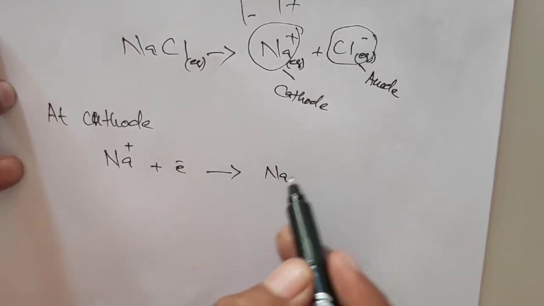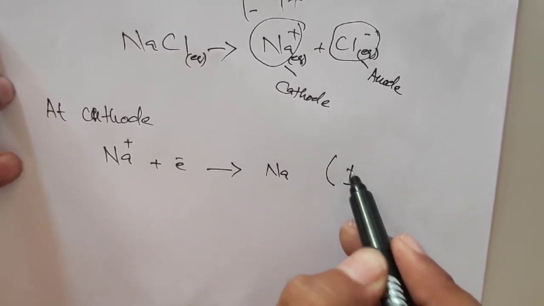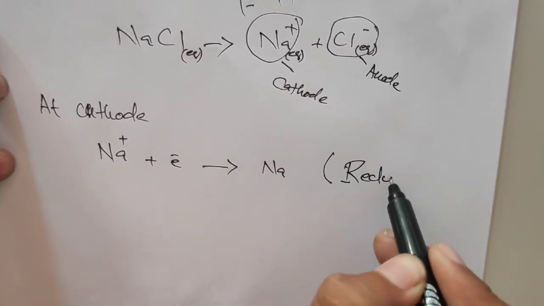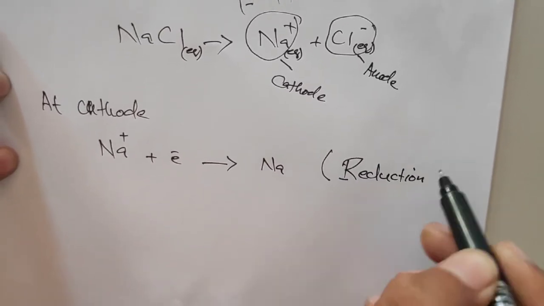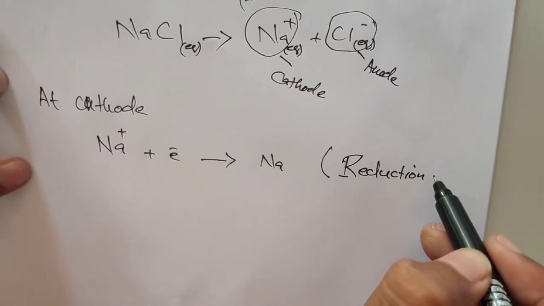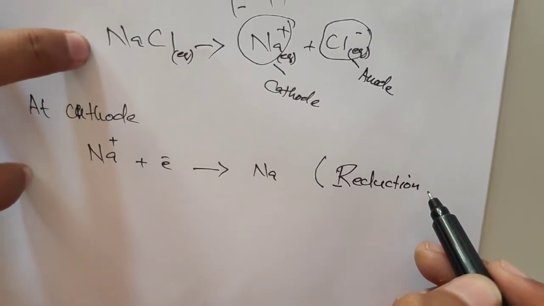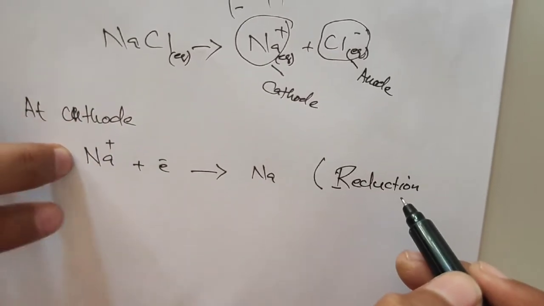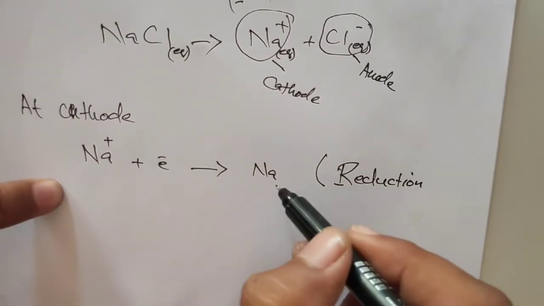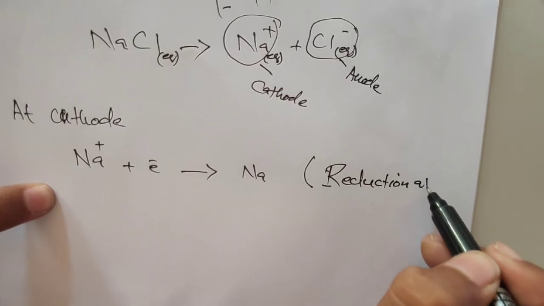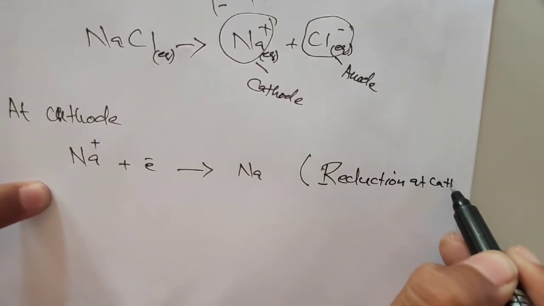So at the cathode there will be reduction. It is a reduction process at the cathode, because electrons are added to the sodium, and the sodium had lost the electron in the chemical bonding. So it gains the electron at the cathode and becomes neutral. So it is reduction at the cathode.